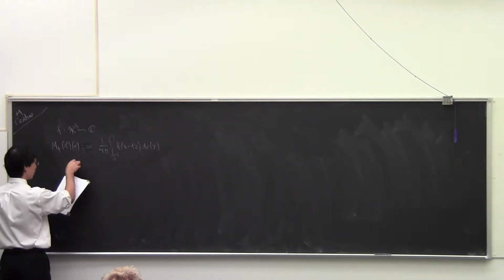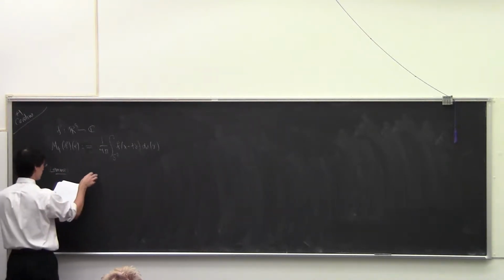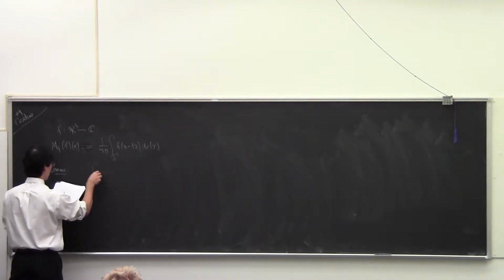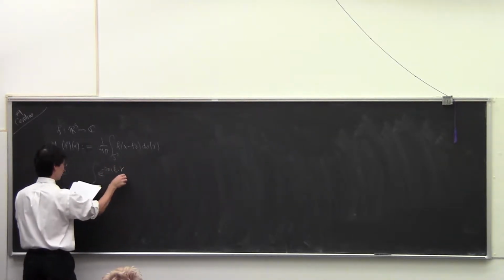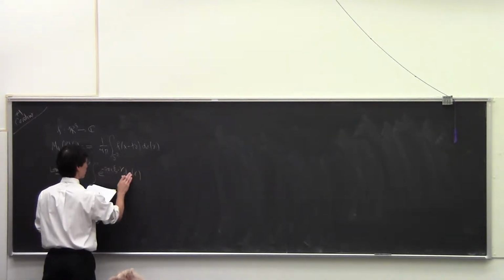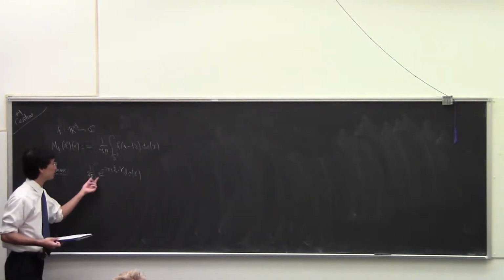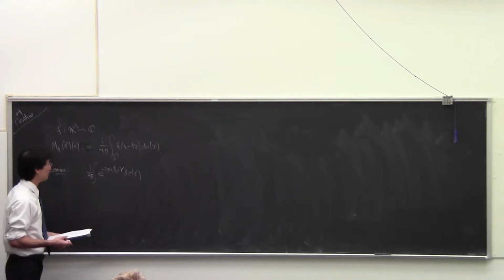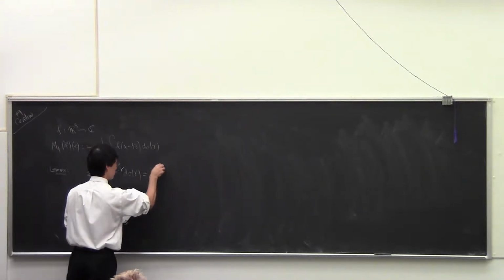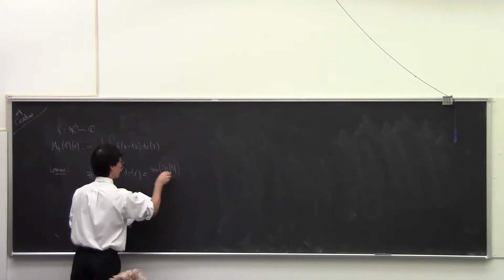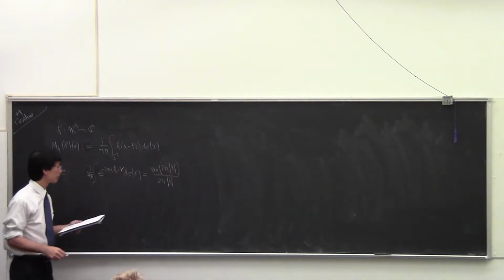The important one was this one: if you take the Fourier transform of the measure d sigma, the normalized surface element, then it's actually the function sin(2 pi |xi|) over 2 pi |xi|.